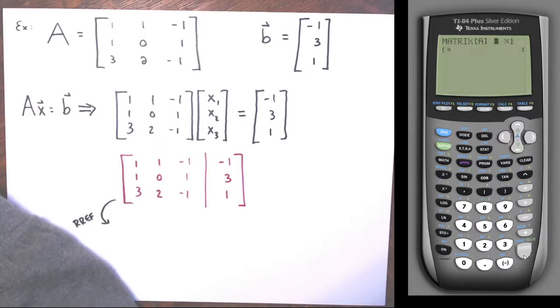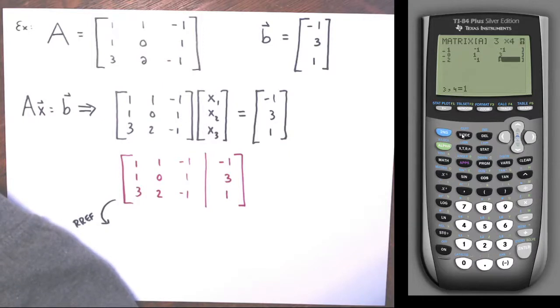So on my TI-84 Plus here, go to the matrix menu, over to edit. This augmented matrix is a 3 by 4. Then put in the entries. -2, -1, 1.